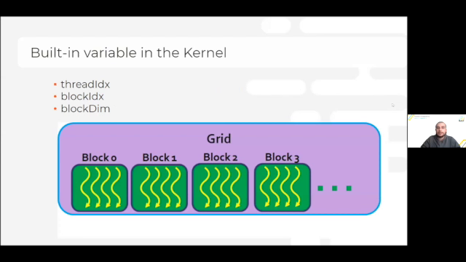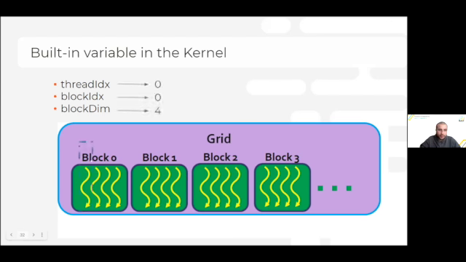So let's look at a neat representation of the different initialized values for the thread ID x, block ID x, and the block dimension for these different threads within these different blocks.